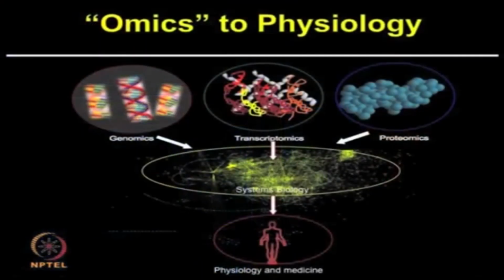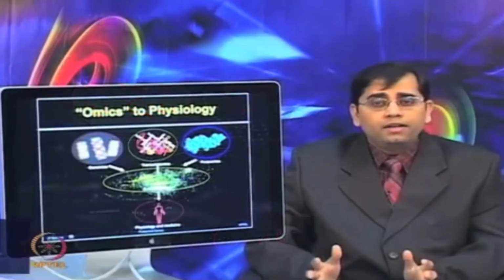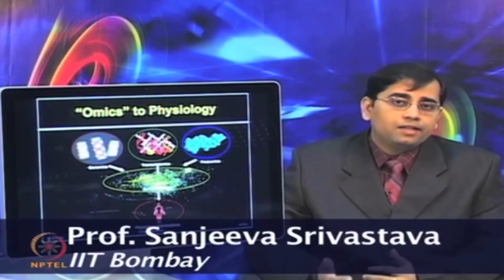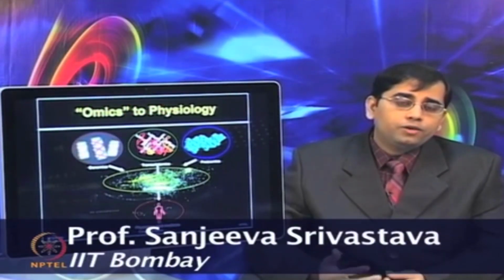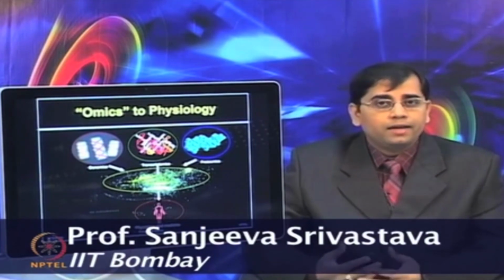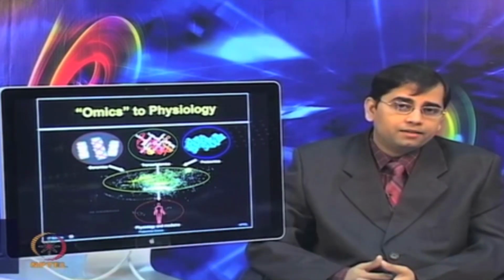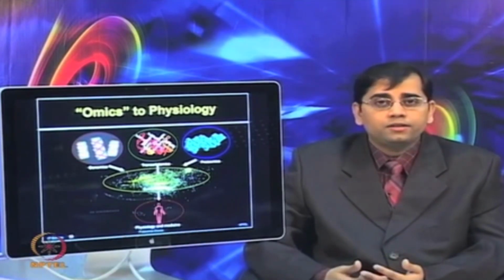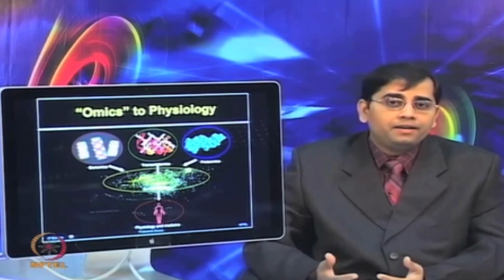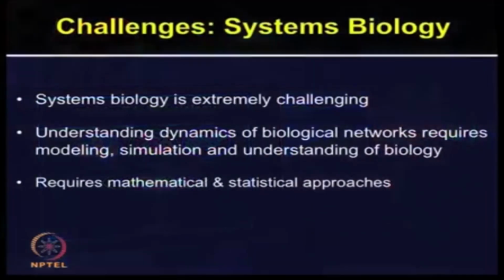So, the eventual aim of the current systems biology field is to employ the omics level information obtained from different levels, from genome, transcriptome and proteome, derive that information at the systems level, integrate, quantitate and model it, and then use it for understanding the physiology and apply that in medicine. So, this flow from omics to physiology can be well maintained by employing systems biology tools.